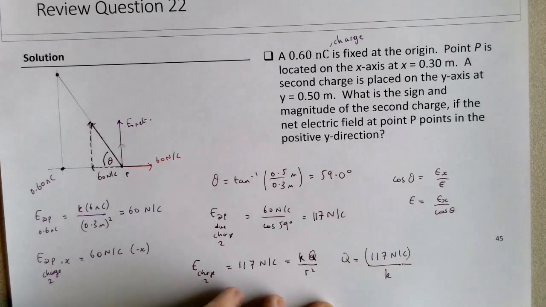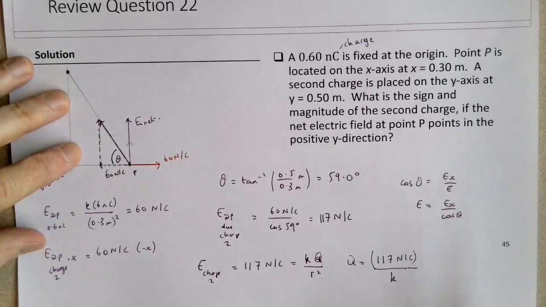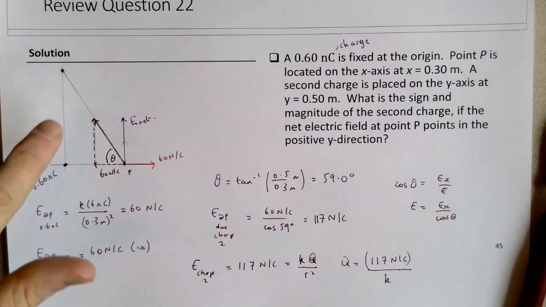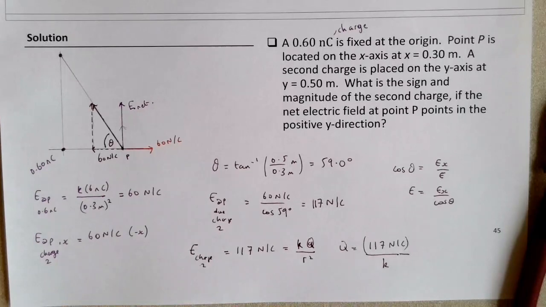What is the value of this R? Again, we just use the Pythagorean theorem to figure out the length of this hypotenuse. Just give me one second to do that.